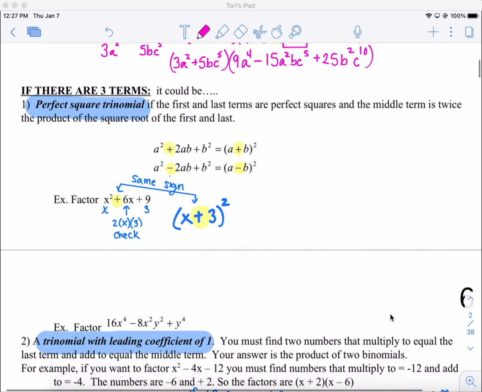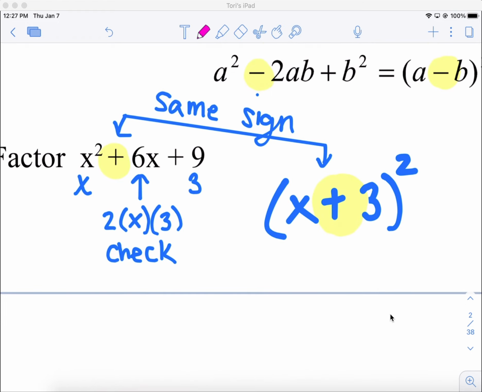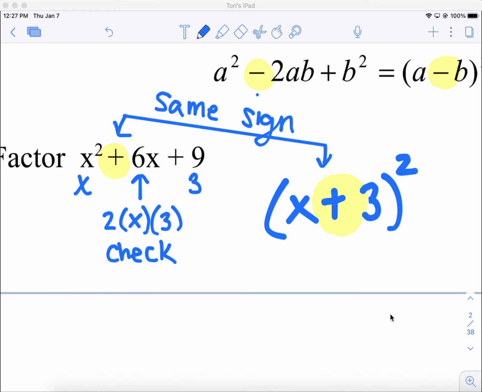First of all, here's how you identify a perfect square trinomial. If the first and last terms can both be square rooted, and you check to make sure that the middle is double their product. So it sounds a little weird. Let's talk through that real quick. Square root of x squared is x, square root of 9 is 3. Both of those work.